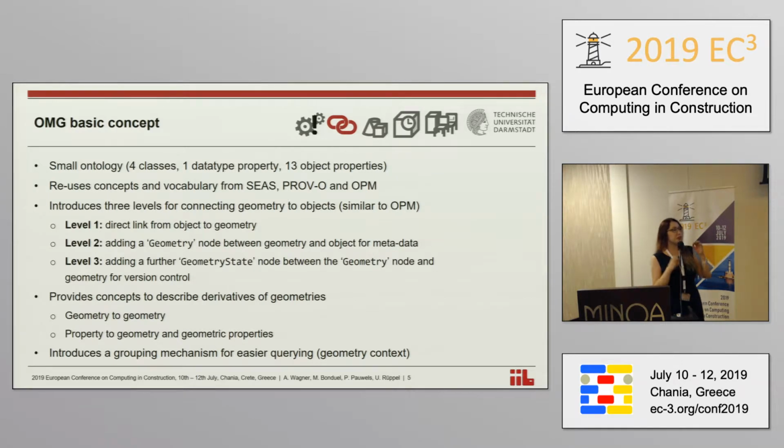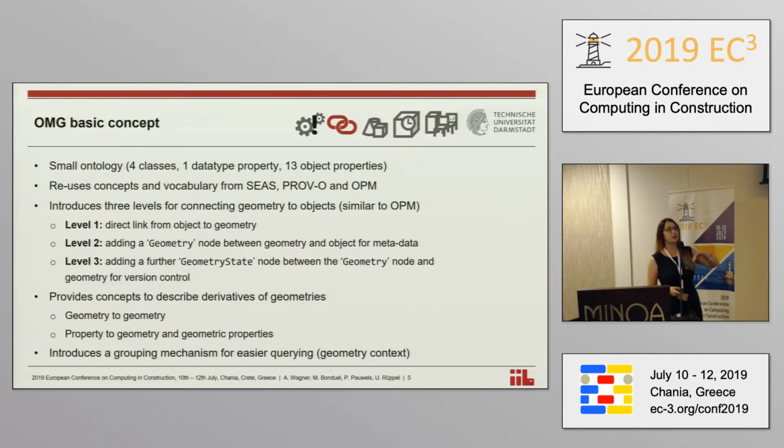So to allow this unified linking with all of the benefits of the semantic web, we developed an ontology, and we called it the Ontology for Managing Geometry, in short, OMG. This is a rather small ontology because we don't want to reinvent the wheel. So we only have 4 classes and 14 properties to link to geometry descriptions.